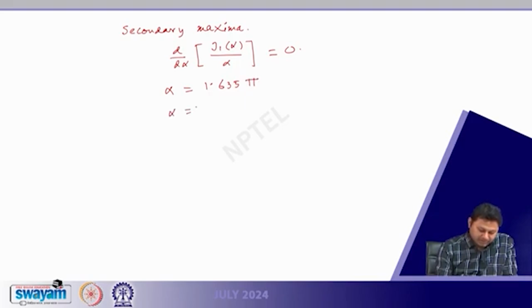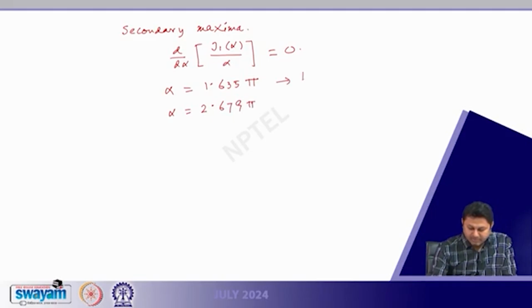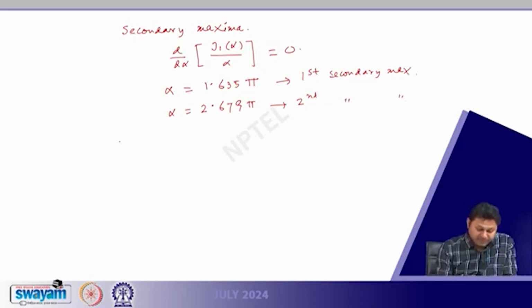When alpha equals 2.679 pi, then we have the next secondary maxima, and so on. And the minima we have already discussed.